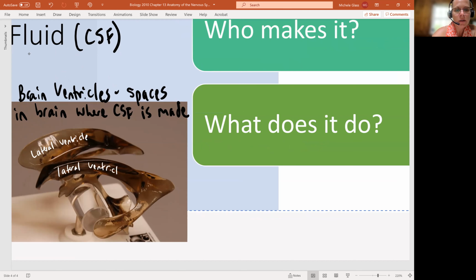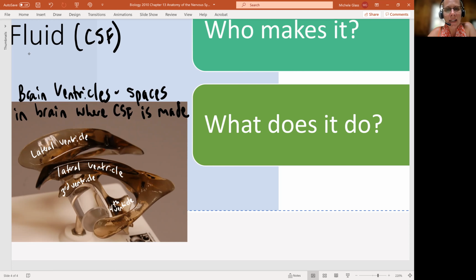And these are going to be located in the left and the right hemisphere of the cerebrum. And then you have the 3rd ventricle, which, remember, is inside the diencephalon. And then we have the 4th ventricle, which is back behind the pons and the medulla oblongata.